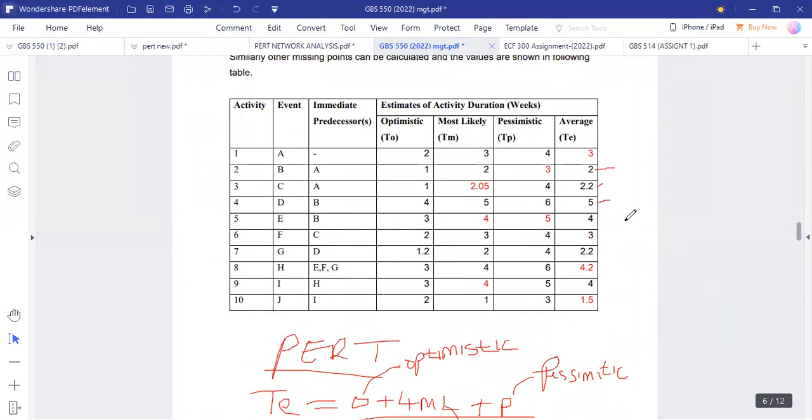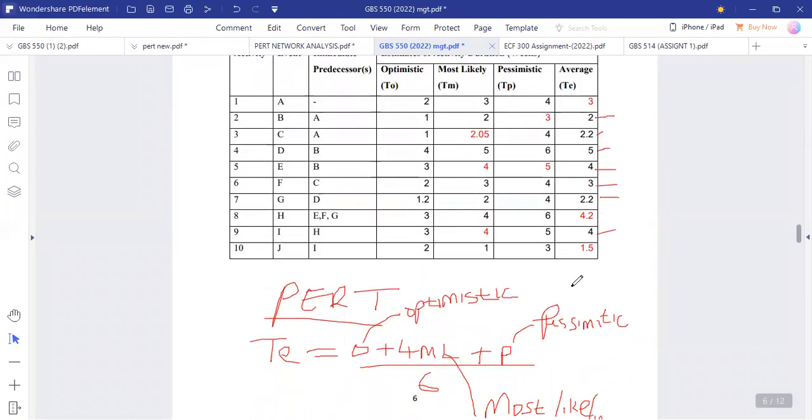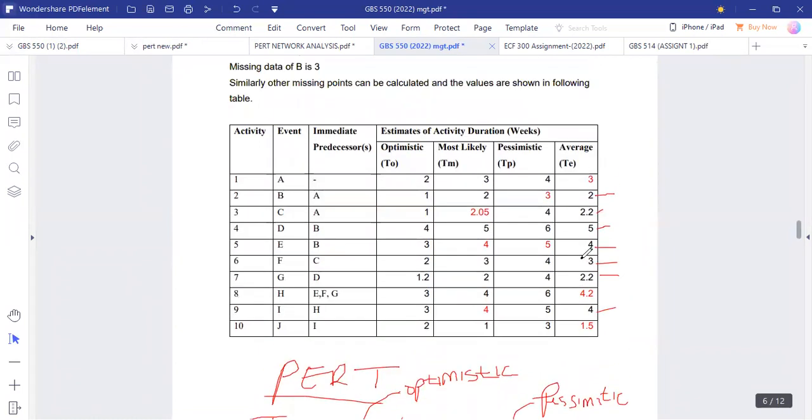Activity E was already given. Activity F was already given. Activity G was already given. And activity I was already given. So for these ones that were given, there is no need to use the formula to get the TE, the time expected. Now, the other ones that were not given, like activity A, we had to use the formula to find that.